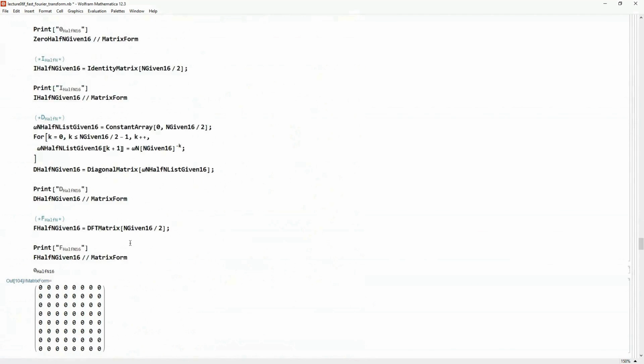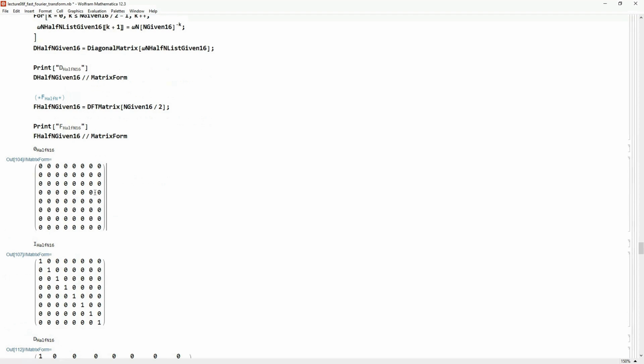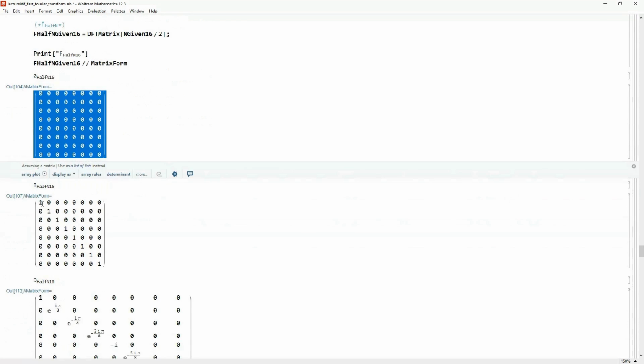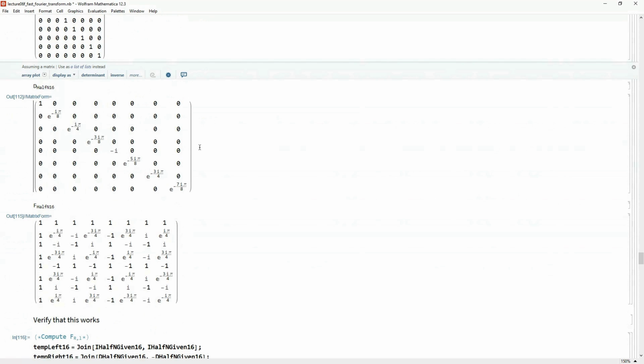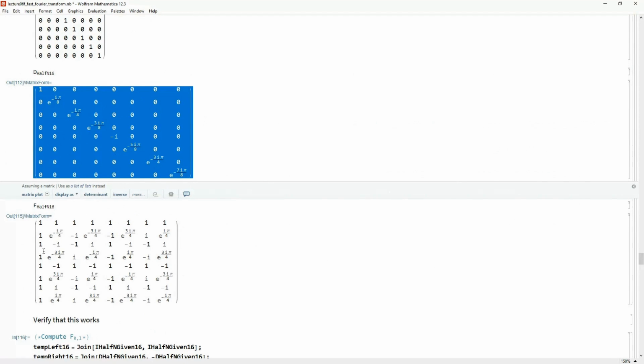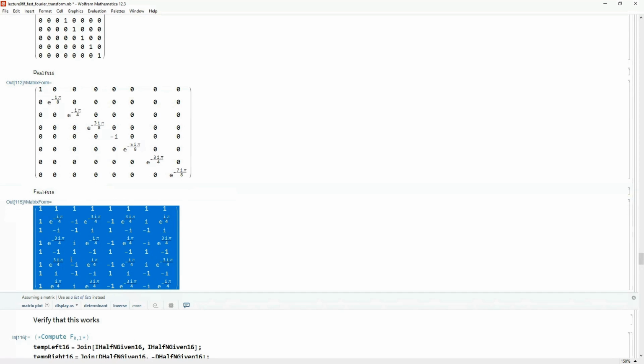Then I'll calculate my 8 by 8 zero, my 8 by 8 identity, my 8 by 8 diagonal matrix, my 8 by 8 DFT matrix, which, we should make a note, this thing that I've got highlighted right now is the DFT matrix we were working with earlier at the beginning of this discussion, right? So we're going to break it down into 2 of these problems, right?